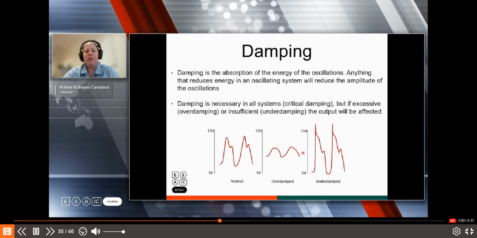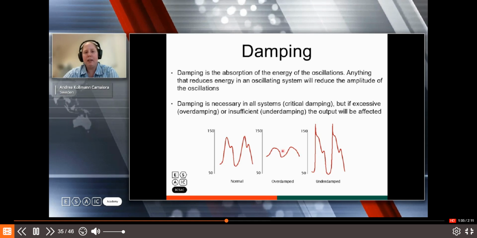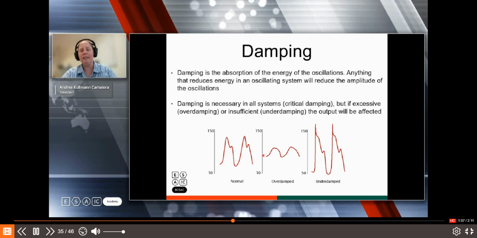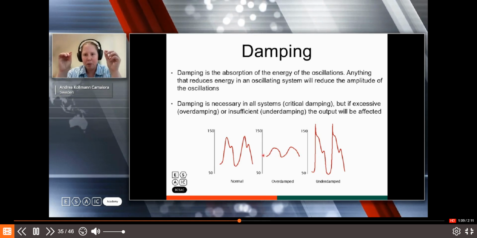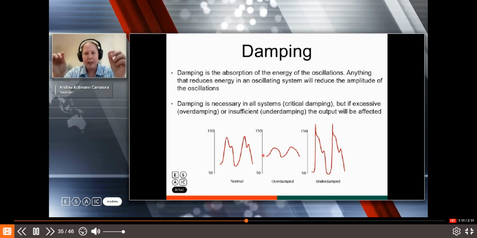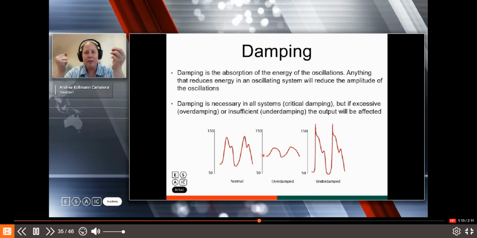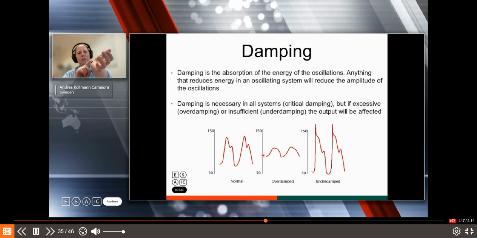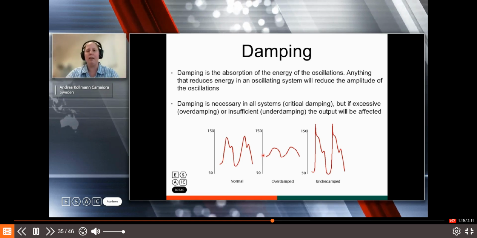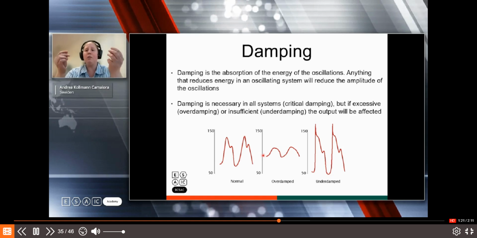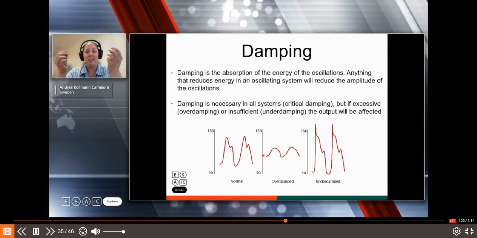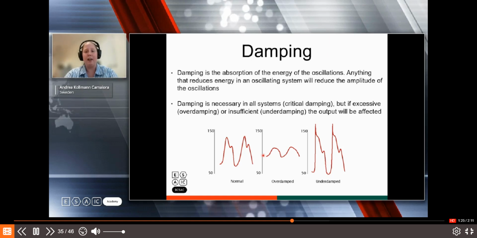Another cause, for example, of over damping is, I want you to go to your hospitals on Monday and feel an arterial line. You know, not the thing that goes into the skin, but the cables to connect to the transducer. I want you to feel it, and you will see that it's harder than a normal IV line.